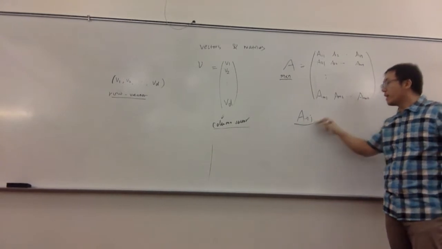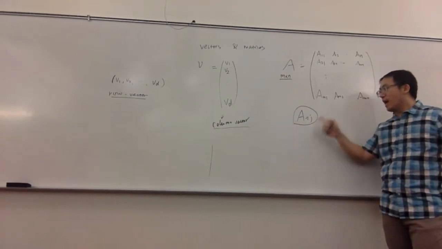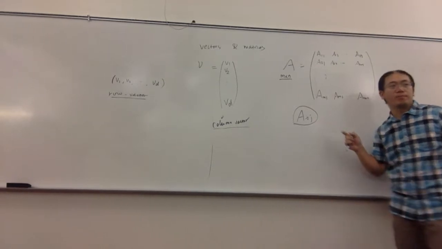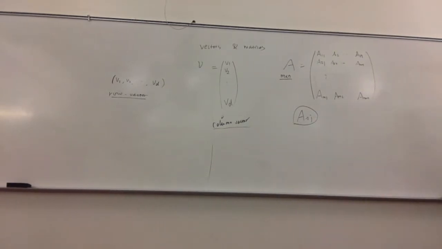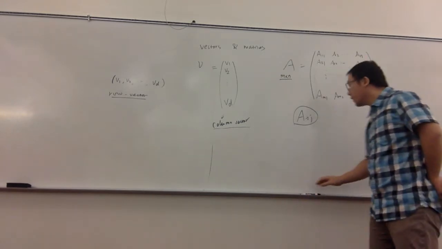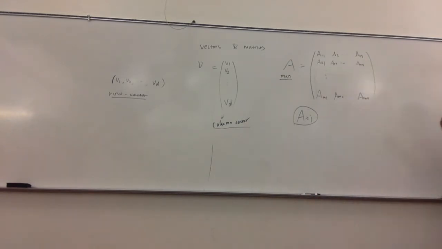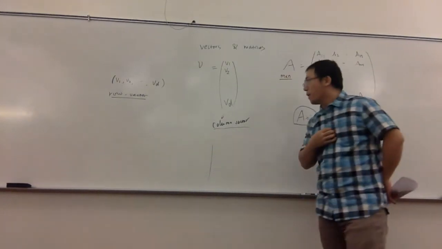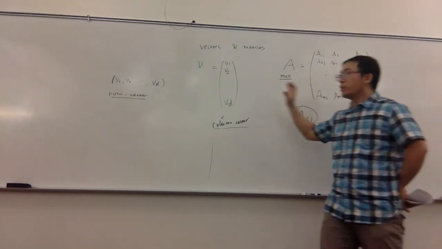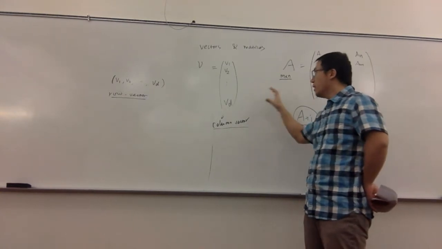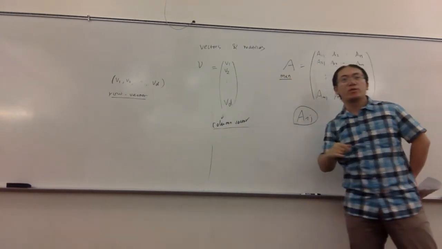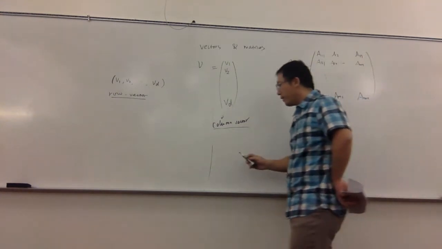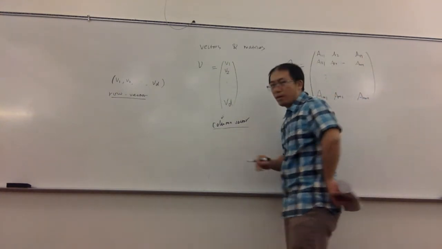So aij indicates the element which stays in the ith row and jth column in matrix A. So these are the basic definitions, and actually linear algebra is a topic about how we manipulate or make operations on those vectors and matrices. So let us first look at the first basic operation.